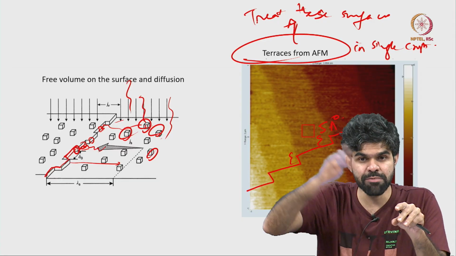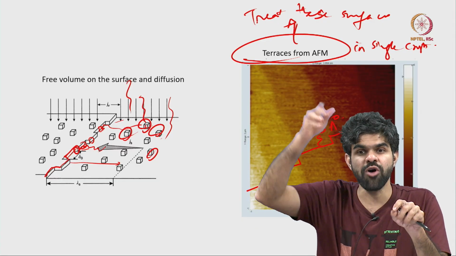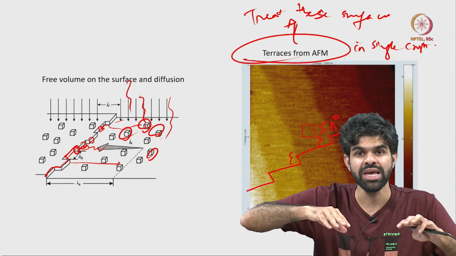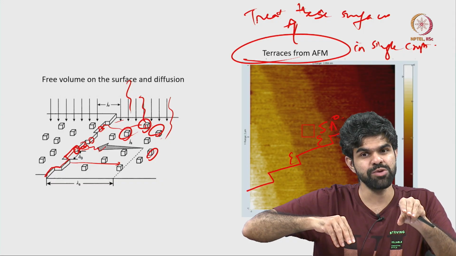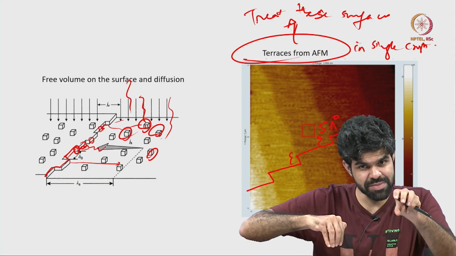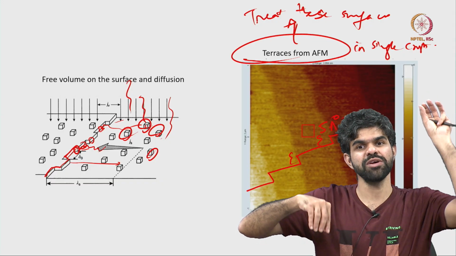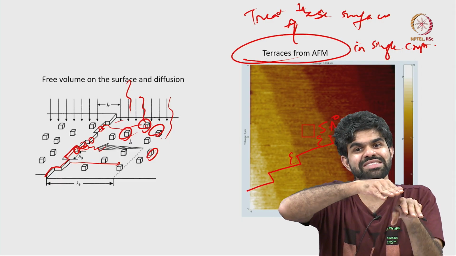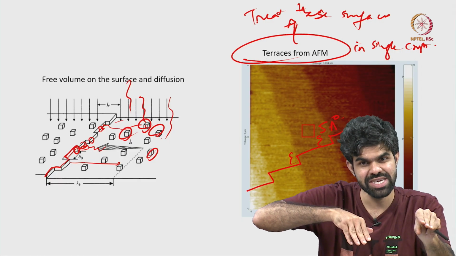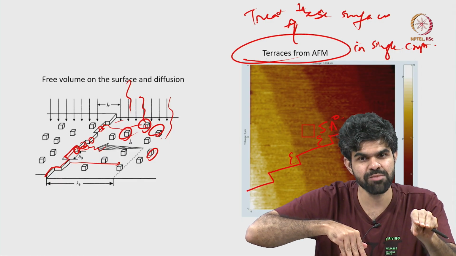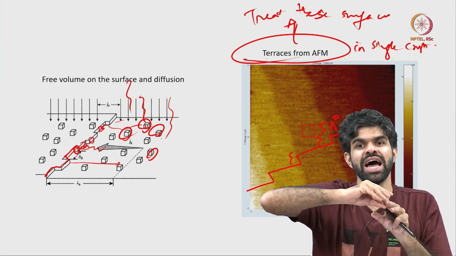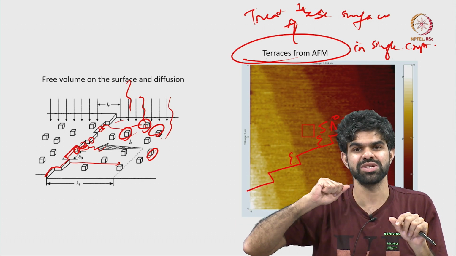So, whenever there is a deposition, atoms come, fall, they move around, that is okay, but they get stuck at the kink position, right, or atoms get dissolved from the kink position, go into the vapor, and I am going to assume this equilibrium between the solid, where the atoms are getting stuck at the kink position, and the vapor, where the atom has been dissociated from the kink position, right.